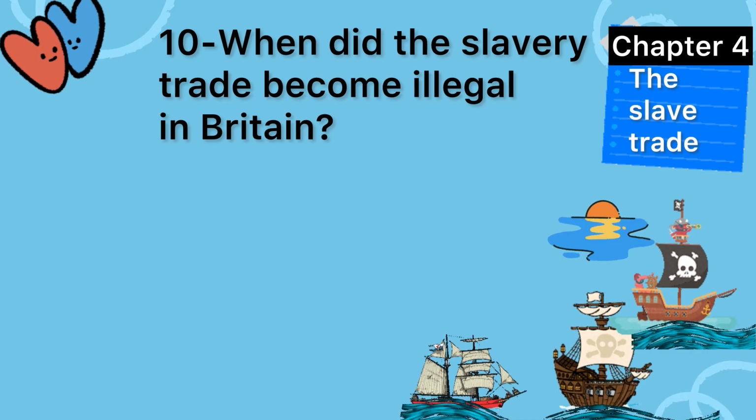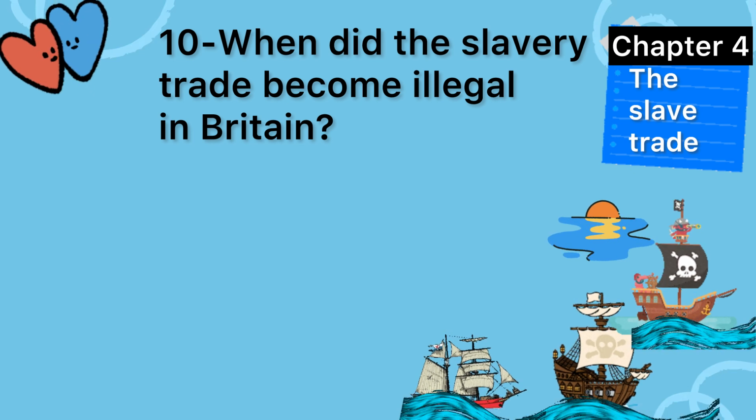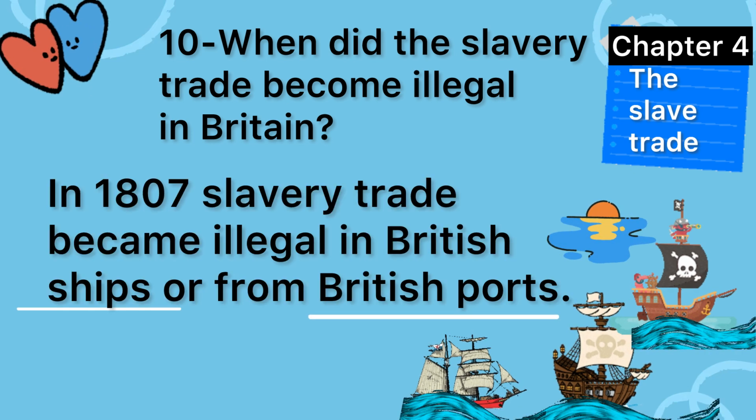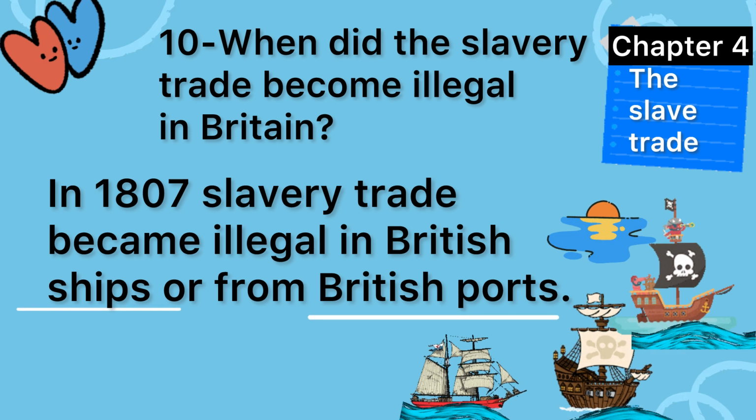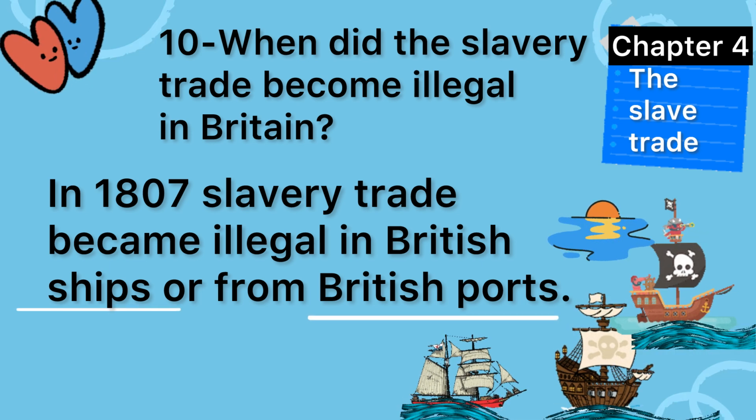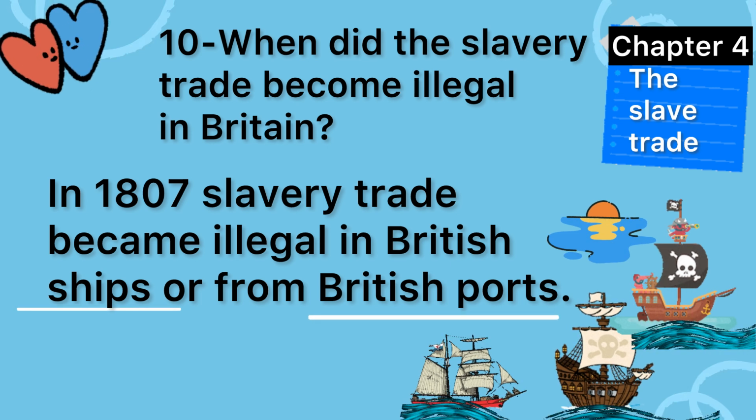When did the slave trade become illegal in Britain? In 1807, the slave trade became illegal on British ships or from British ports.